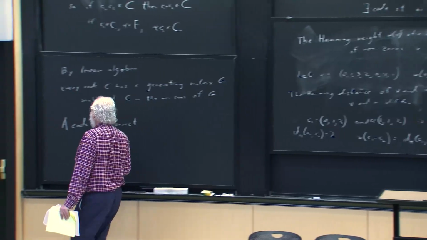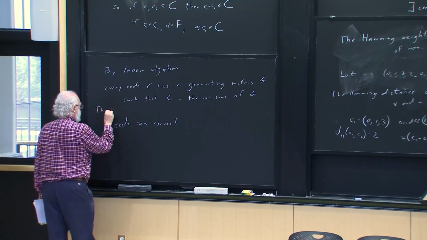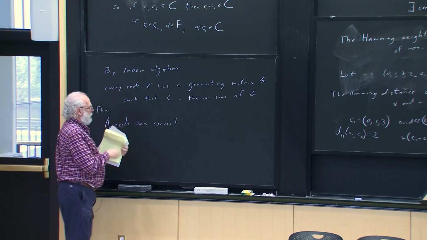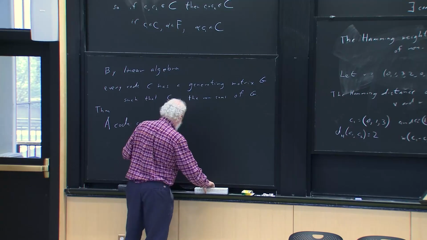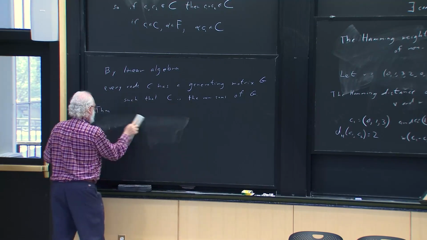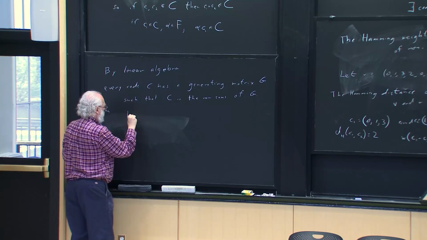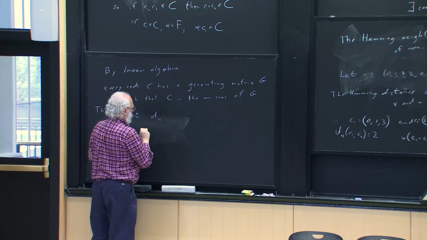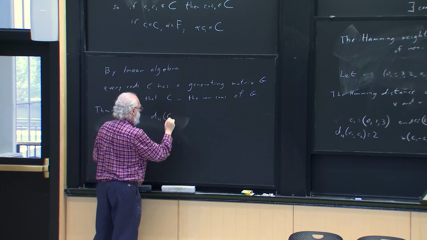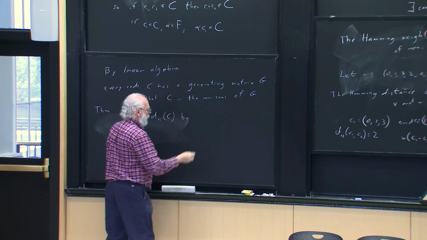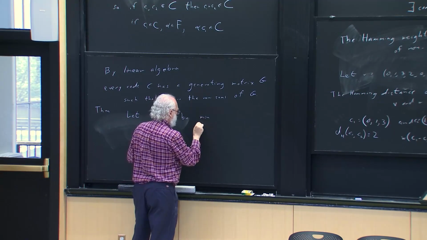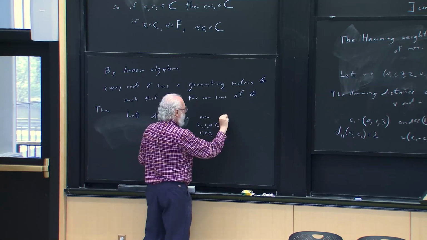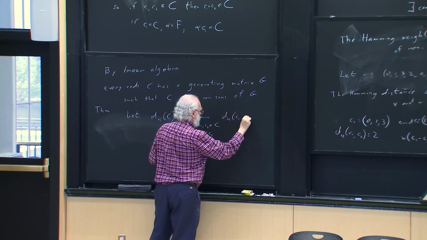So, theorem: let D of a code be the minimum over C1, C2 in the code, C1 not equal to C2, of the Hamming distance between C1 and C2.